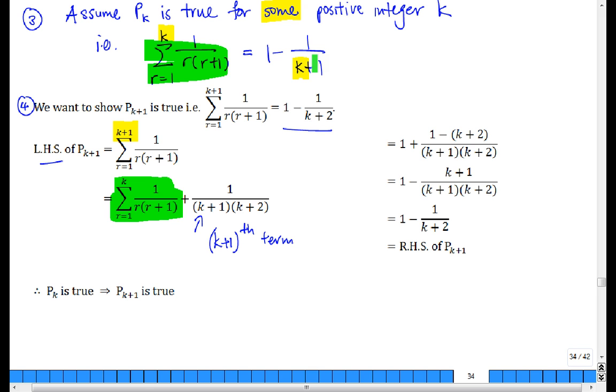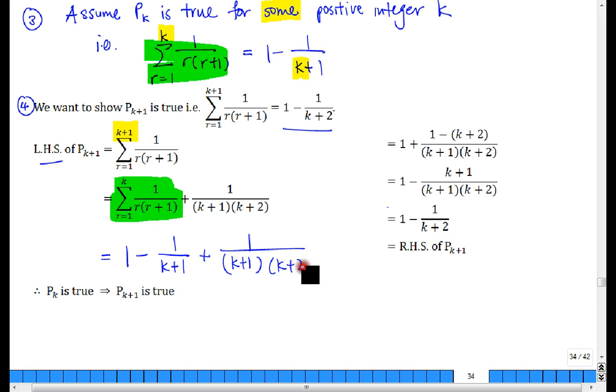Okay, so there is a blank here. I better write equals to. Okay, I better erase. No space. Sorry. 1 minus 1 over k plus 1. Alright, this is the most important line.